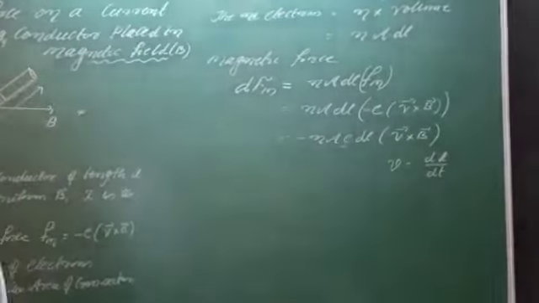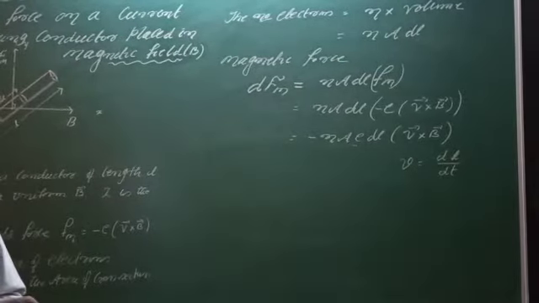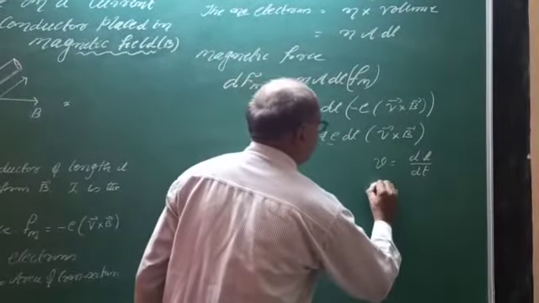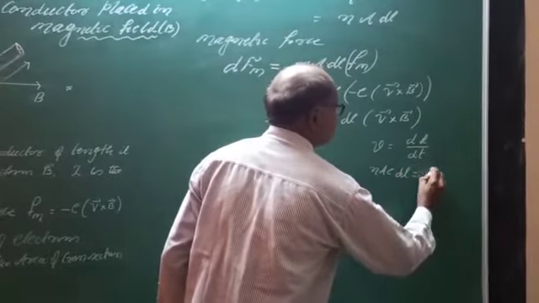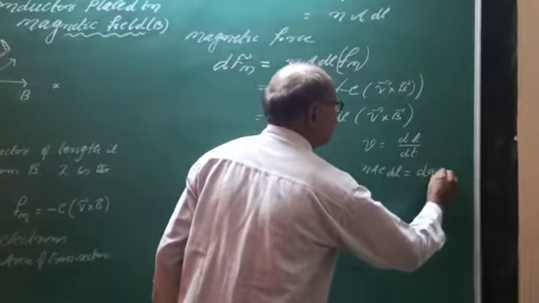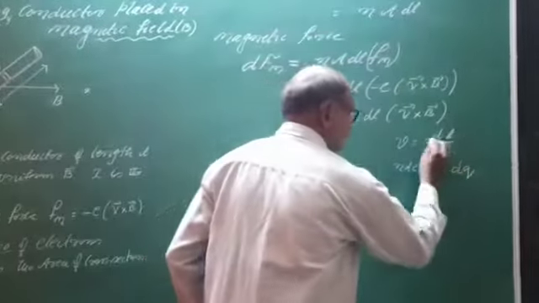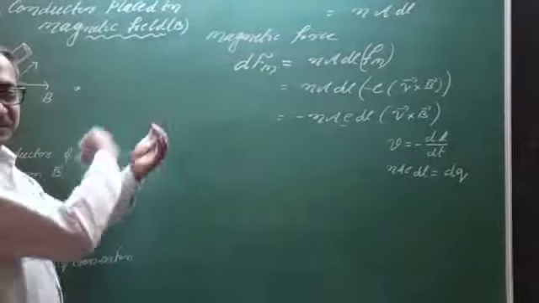And n A e into dl is nothing but dq. Here we have to put a minus because it is in the opposite direction.